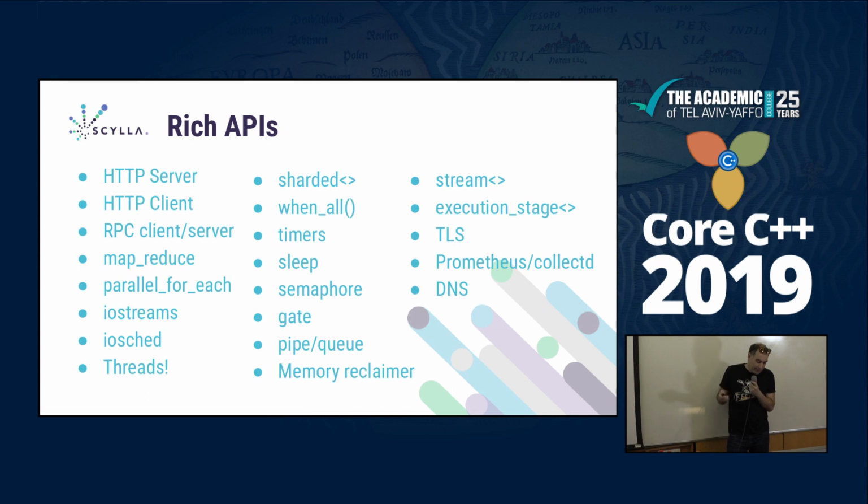Maybe an interesting thing is execution stage. Execution stage is an API that allows you to ask the scheduler to run multiple executions of a function close in time. The reason for that is that modern processors have an instruction cache that has very limited capacity. So by running a single function on multiple pieces of data, the first execution will run a little bit slow because it is bringing the code for that function into the instruction cache.